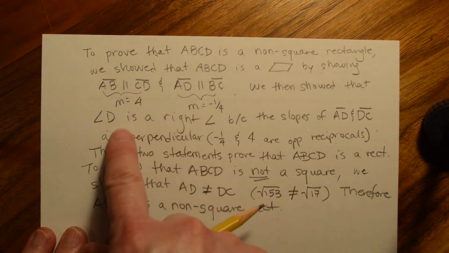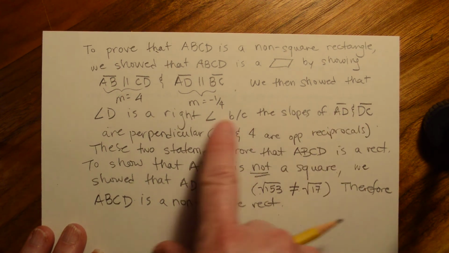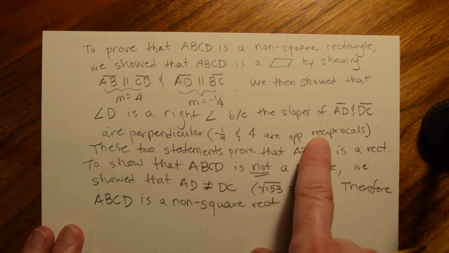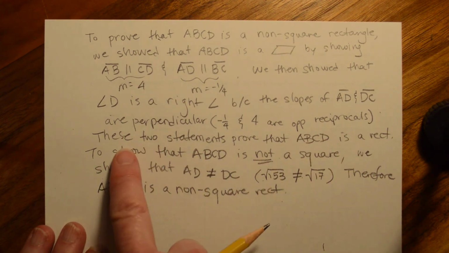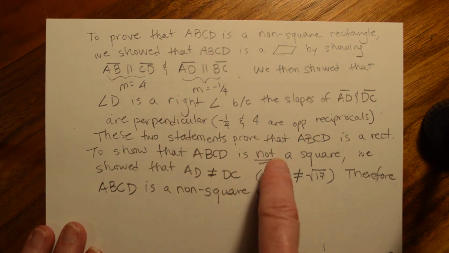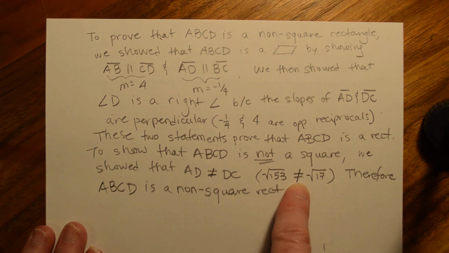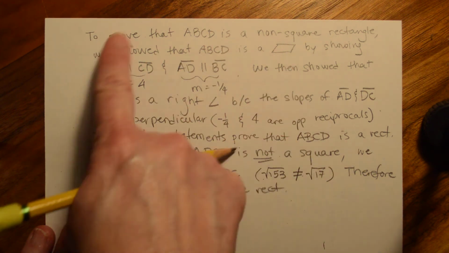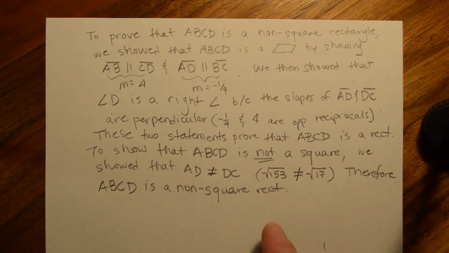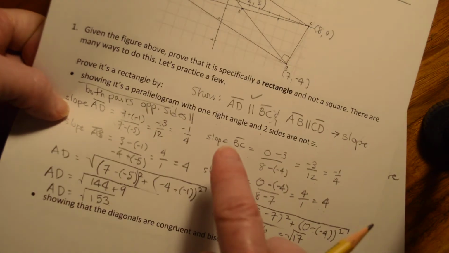Then we showed that one of the angles was right, which gives us that these two adjacent sides are perpendicular because their slopes are opposite reciprocals. Therefore, it's a rectangle. But now for the final step, to show that it's a rectangle that's not a square, we had to show that those two sides were not equal, which we did. Therefore, it's a non-square rectangle. So this side just summarizes or states specifically why we did all the things that we did right here.